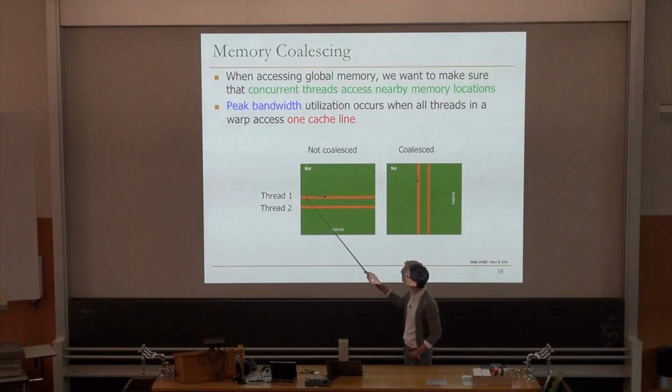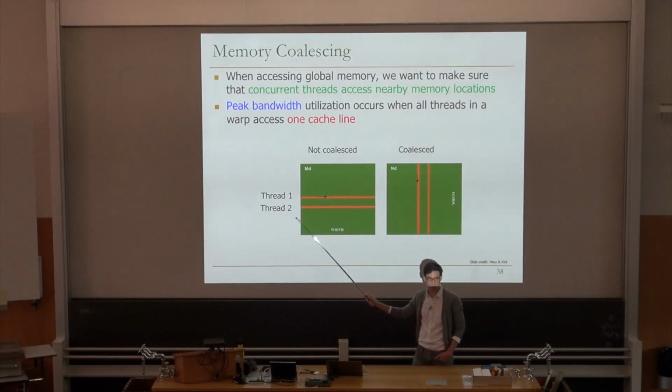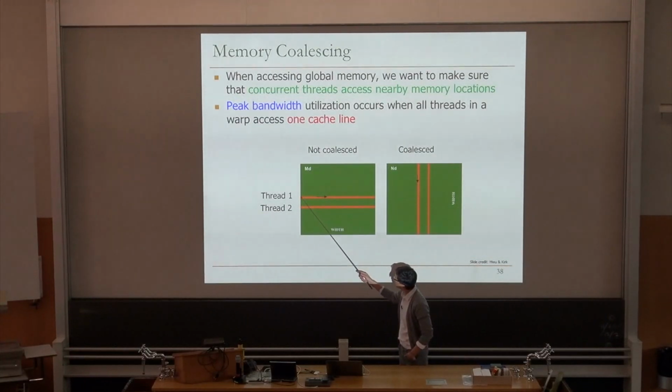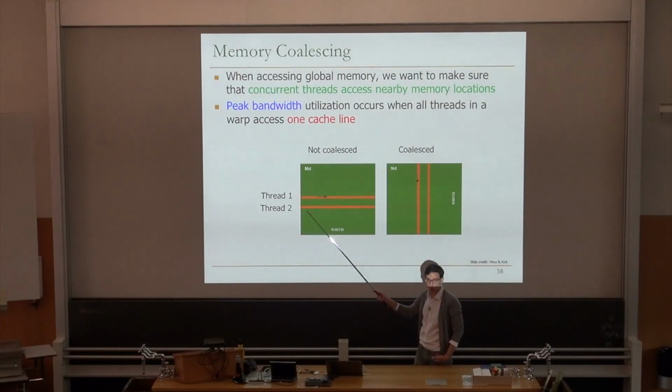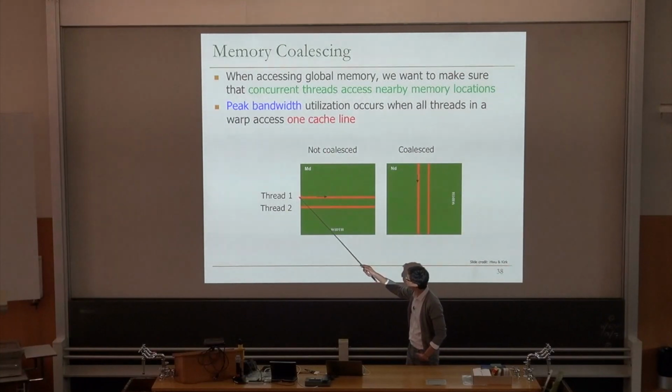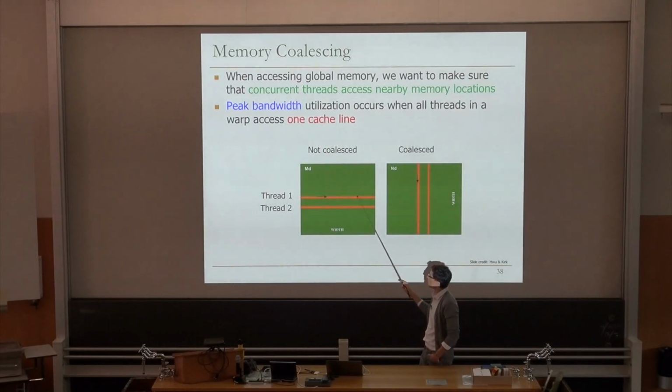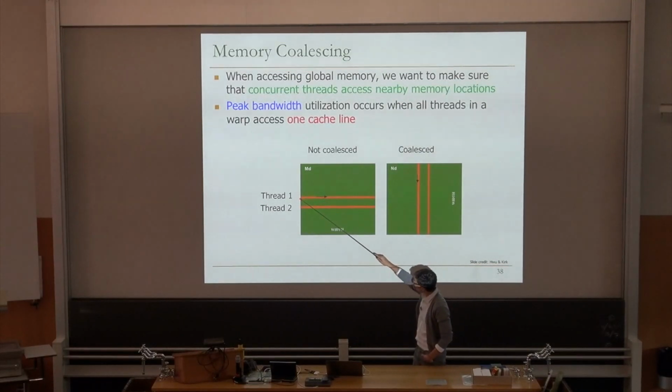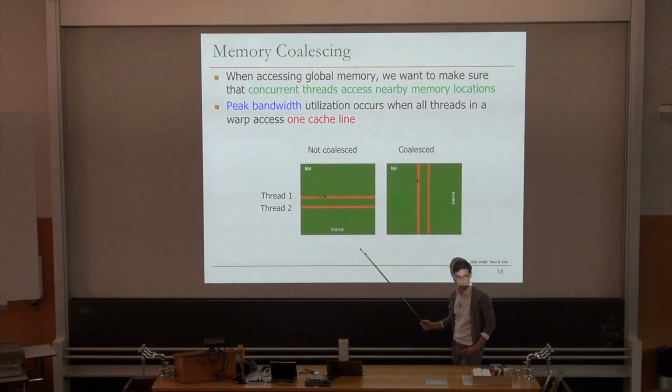So for example, here we have two threads, thread 1 and thread 2, that belong to the same block and to the same warp. And the way that the programmer has written the code makes these threads access the matrix in this way. So they start going over one row. You see, thread 1 accesses this row, thread 2 accesses this row.